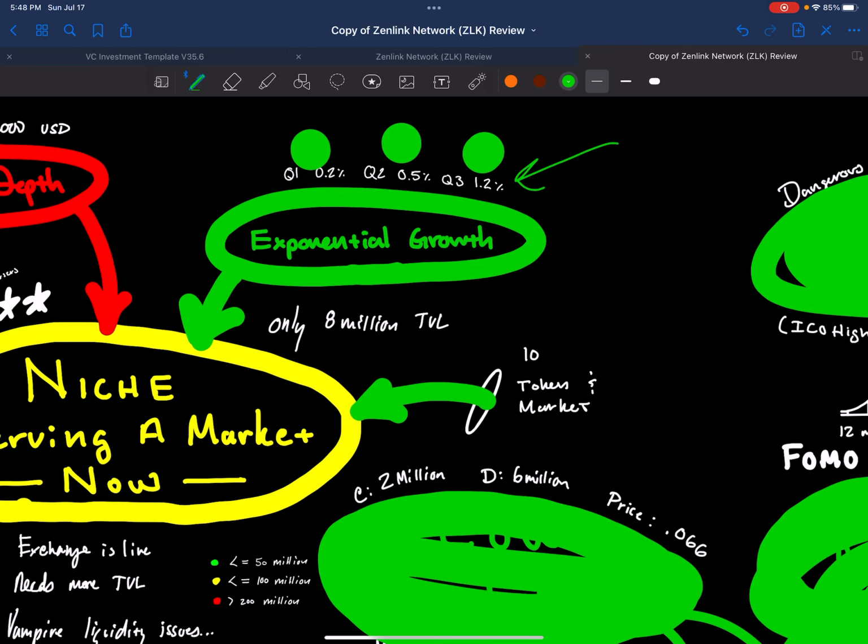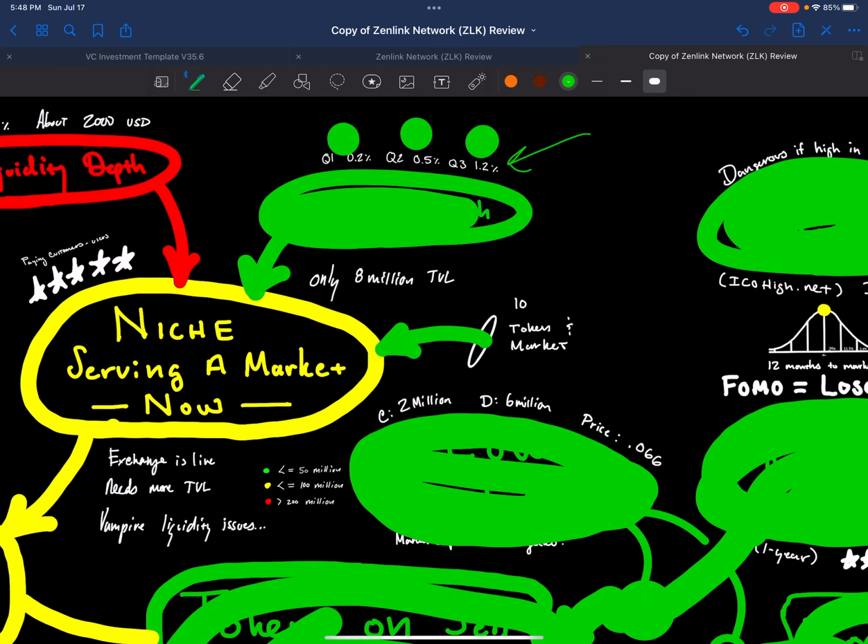And that is a real payment in terms of holding the token. Eventually that should lead to price action, as long as the team keeps delivering and they get more total value locked. So it is experiencing exponential growth of that burn. Hopefully that trend will continue. We only have 3 data points, so let's consider that.